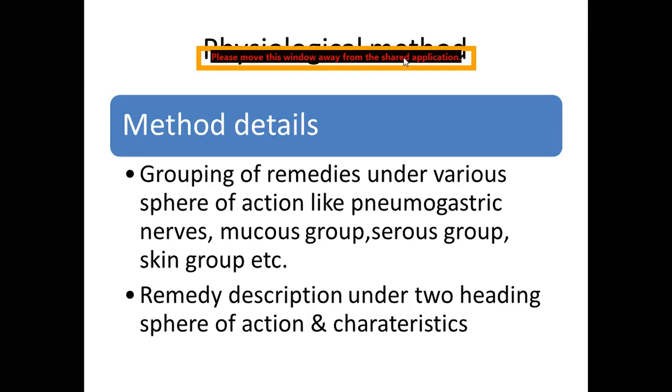And there is one more group I will explain to you, that is the skin group. That means remedies having a prominent sphere of action on the skin, like graphites, petroleum, sulphur, mezereum, etc.